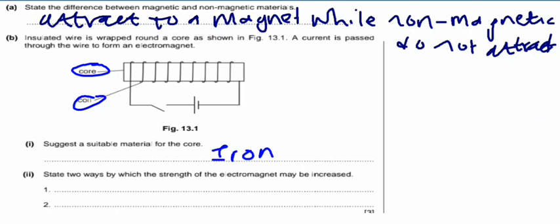Roman numeral 2, state 2 ways by which the strength of an electromagnet may be increased. The first one is by increasing the current.